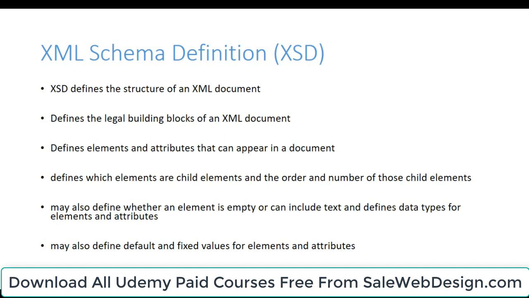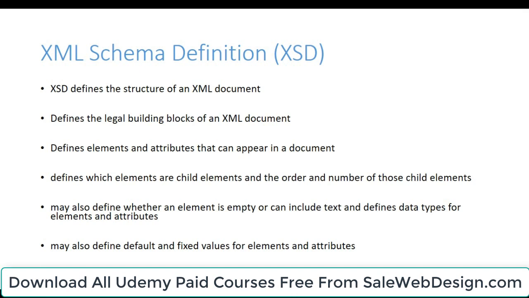XSD may also define whether an element is empty or can include text, and defines data types for elements and attributes. It may also define default and fixed values for elements and attributes. All XML documents that reference any schema must conform to the schema definition.